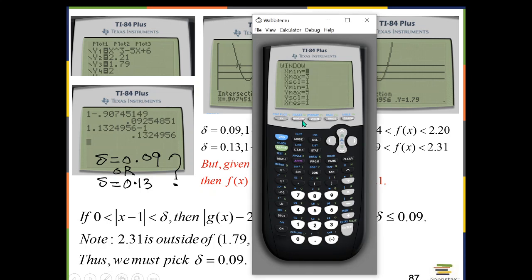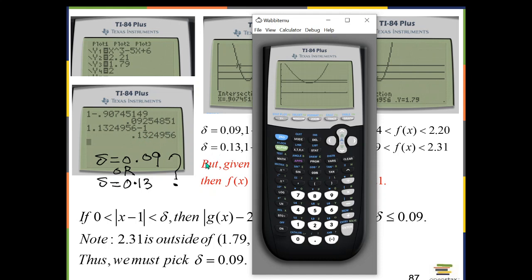See, I can move the y min below the x-axis so you can see it right here. Let me do that. So you see my 1 is right here, right? And here is to the left and to the right of 1. So to the right we have the difference between 1.13, 24956 and 1, and that's 0.13.